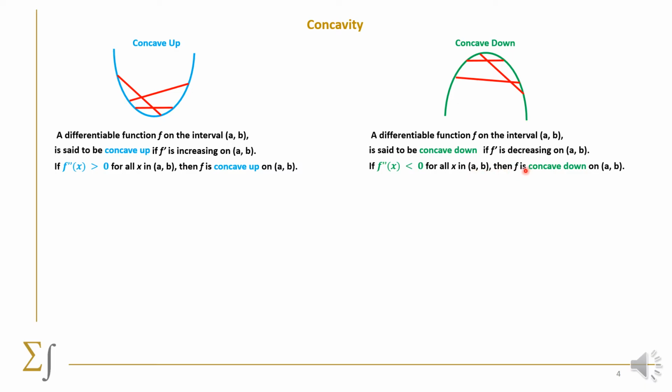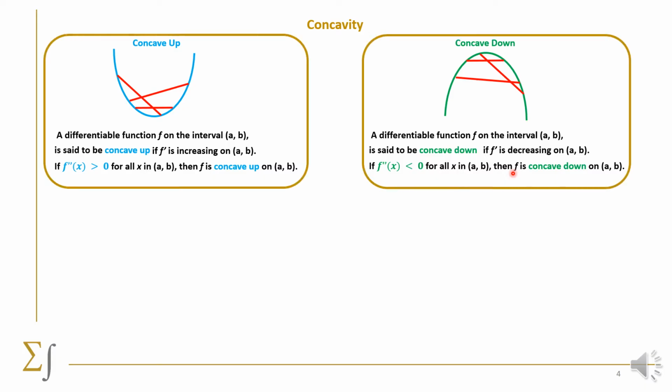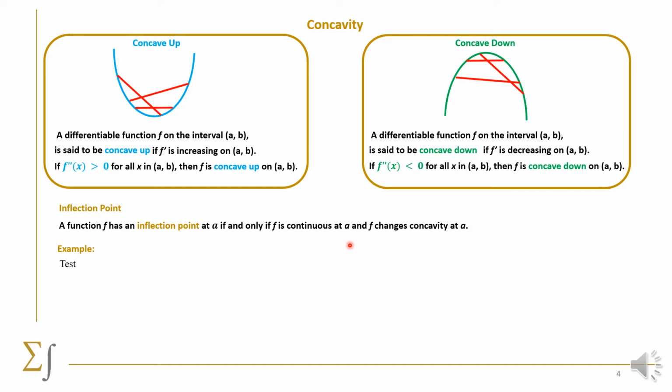Then in such a case, f is concave down on (a, b). Now we move to the inflection point. A function f has an inflection point at a if and only if it is continuous at a and changes its concavity at a.